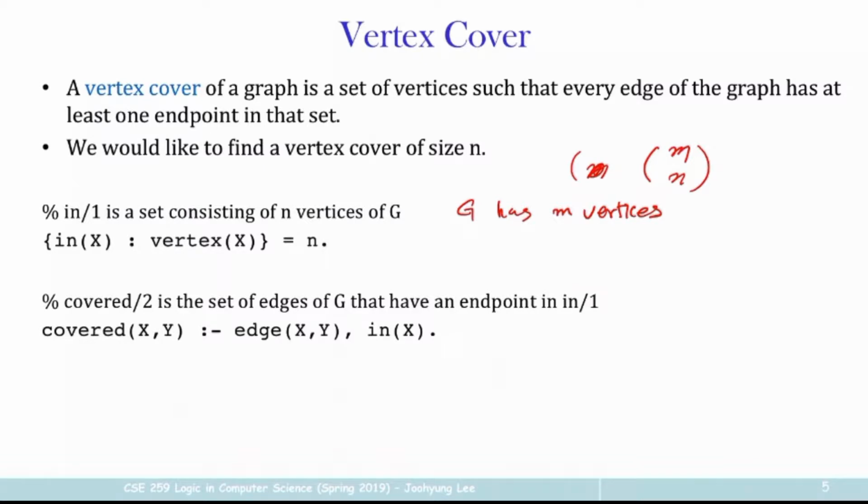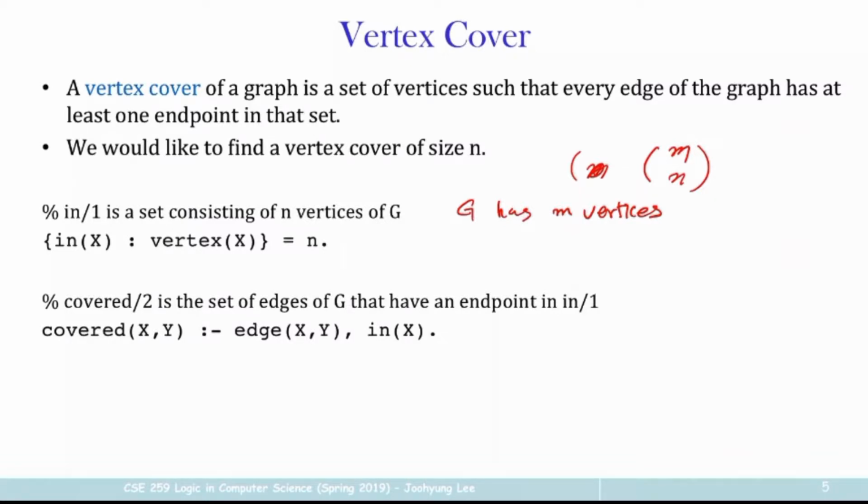Right? Recall the definition of covered. When is the edge covered? When this edge is incident to one of the chosen vertices. In of x represents those chosen vertices. So if x is incident to that edge, then we say that edge xy is covered. Are we done here?